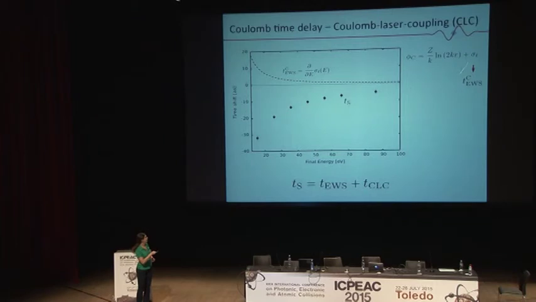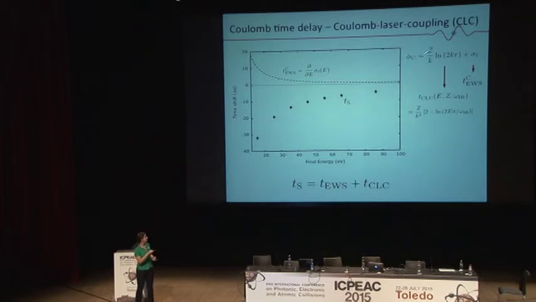The problem is that we also have to take into account this logarithmically diverging part, which gives a contribution we call Coulomb laser coupling. This is just due to the fact that our probing infrared field probes our ionization process within a finite range.